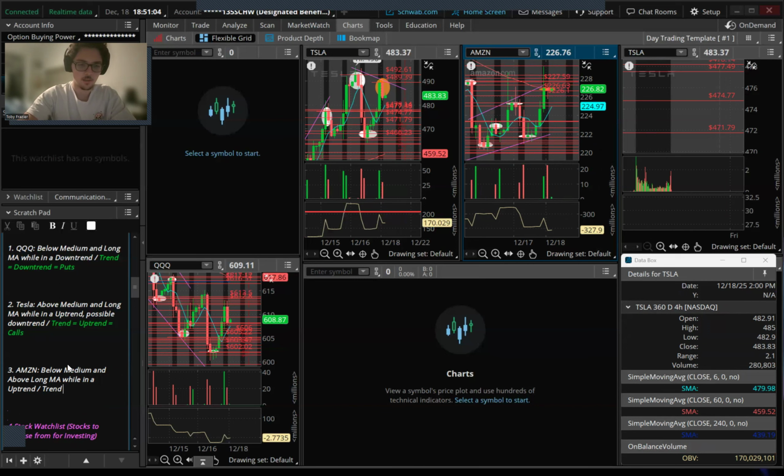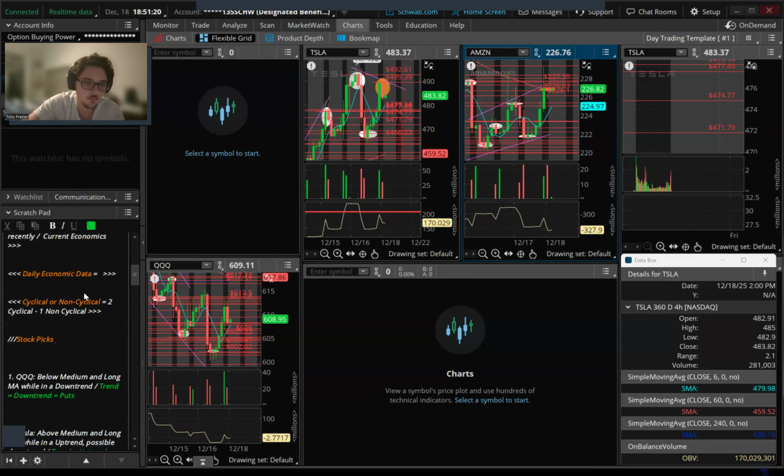So it may continue in its uptrend. So trend equals uptrend, which equals cause. Okay, so that's all.